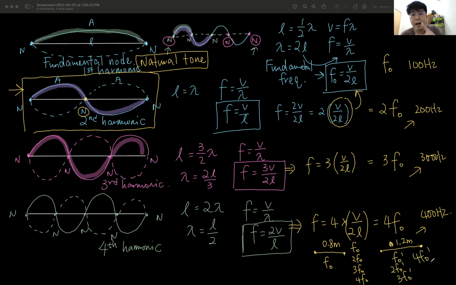That is the meaning of harmonics. What is harmonics? It is the integral multiple of the frequency. If you study music, if you take piano classes, you are more familiar with the word harmonics. It is a set of frequencies that come together to form a tone.